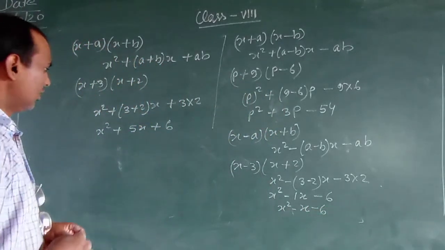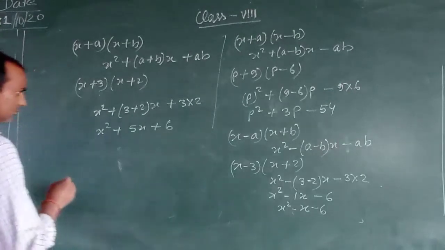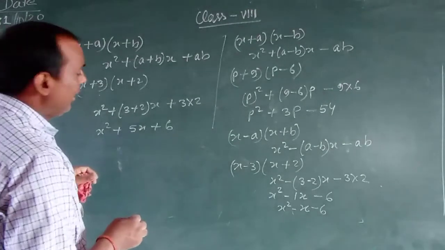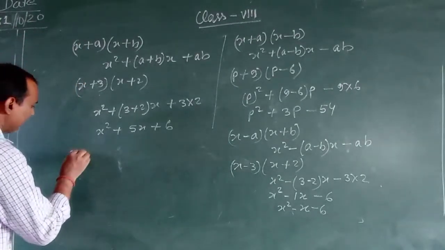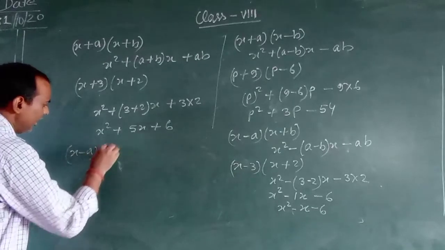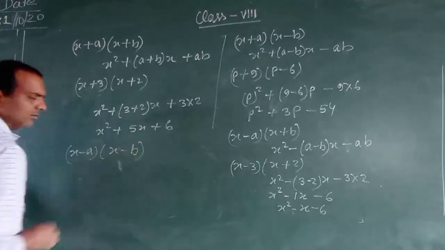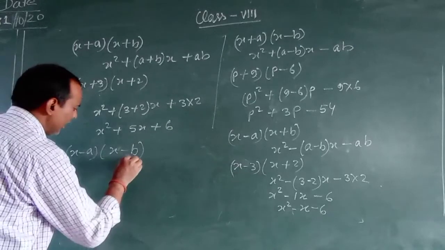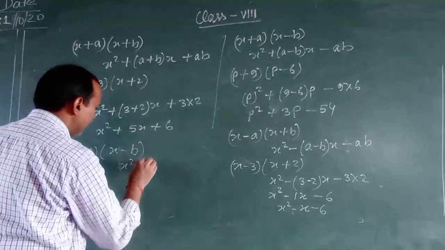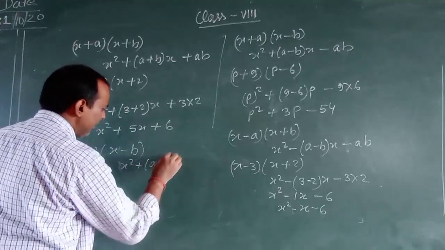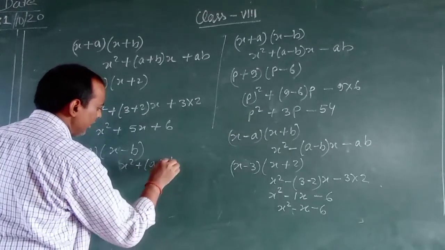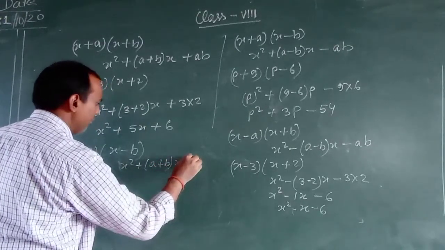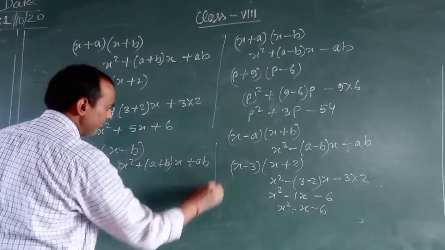Now once more, if it is x minus a into x minus b, it is x square minus a plus b into x and plus ab.